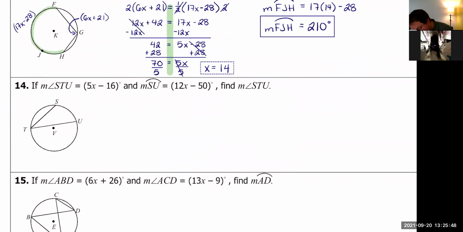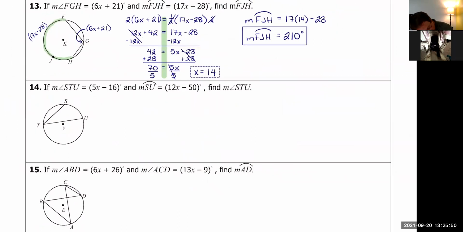As you work through number 14, if you wanted to try that one on your own, you would get x equals 9, which would lead you to finding the measure of angle STU to equal 29 degrees. Again, if you want to try that one out, see if you're on the right track.